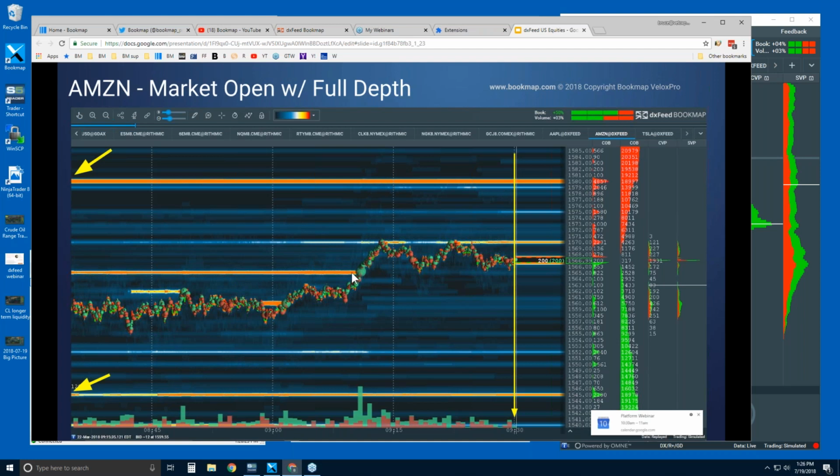The aggressive buyers trade into very high liquidity around this 1565 area, and they trade through it up into 1570, and then it goes sideways for a bit. Due to this, we'd be looking for a pullback maybe to this area to see if there's still buyers here, and then looking for this area up here as a target at the open.